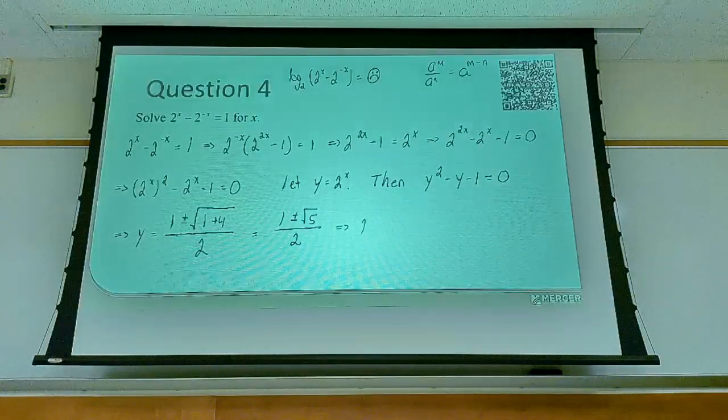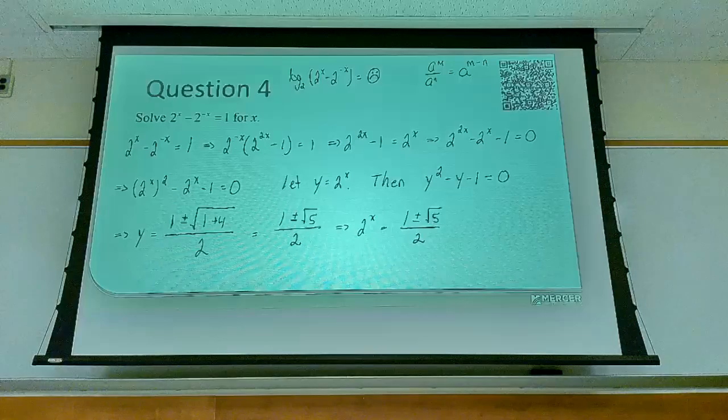But y, we said, is 2 to the x. Is root 5 larger than 1 or smaller than 1? It's larger than 1. That would make 1 minus root 5 over 2 negative, right?